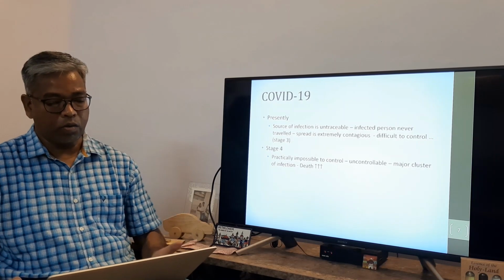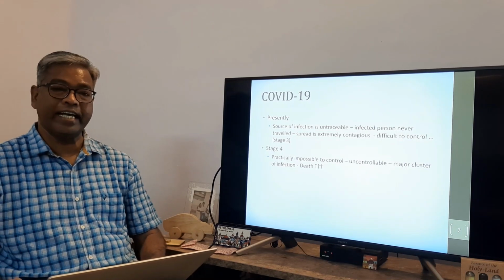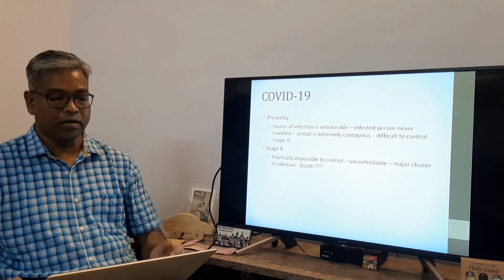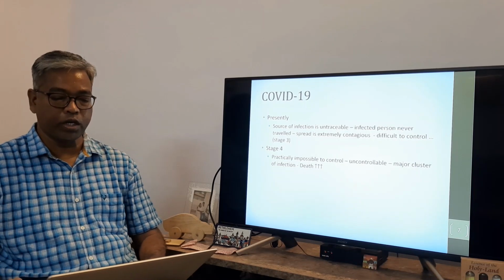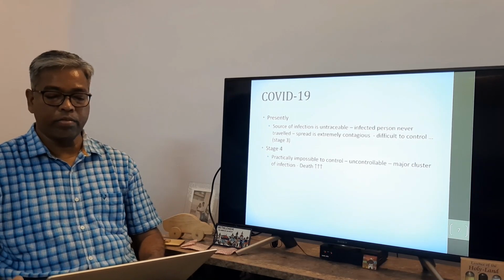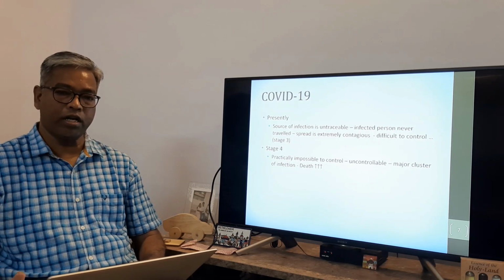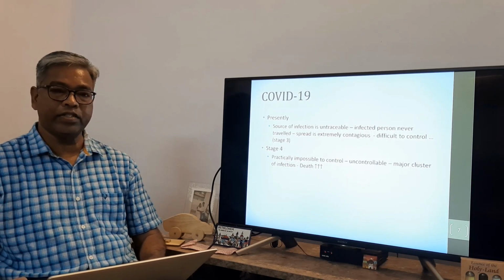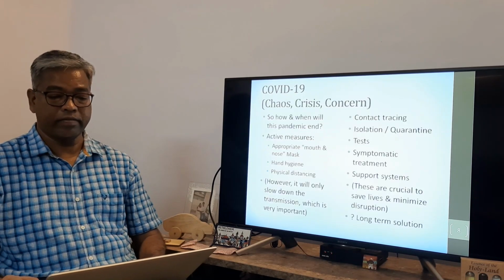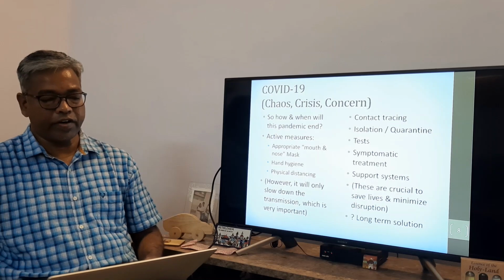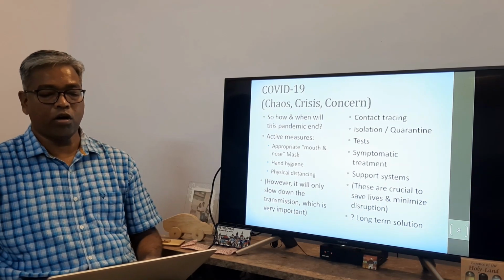And now the fear is that we will soon enter stage 4 of the disease phase, which is practically impossible to control. It is uncontrollable, and major clusters of infections will be seen in the population, and deaths will rise sharply. So this is definitely a chaos, a crisis, and a concern for all of us.